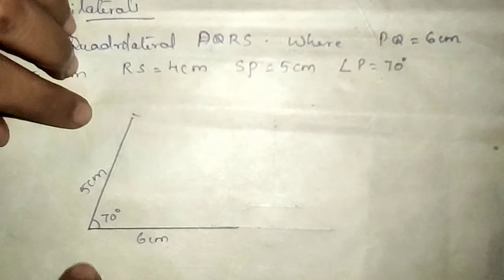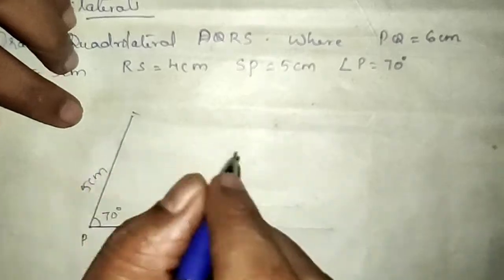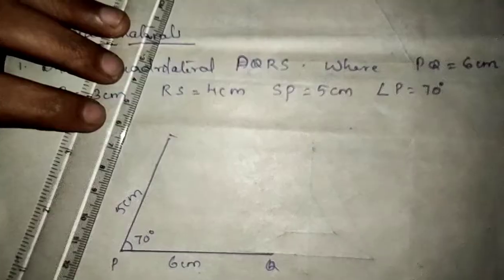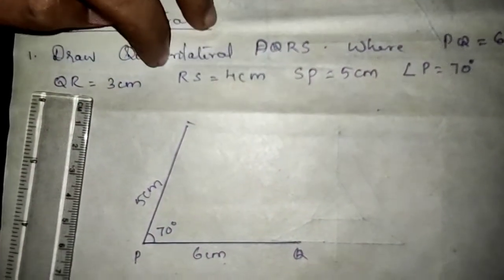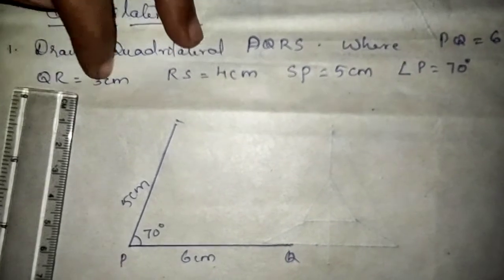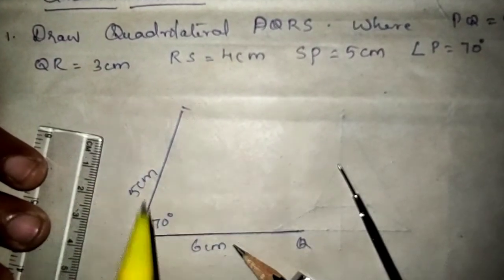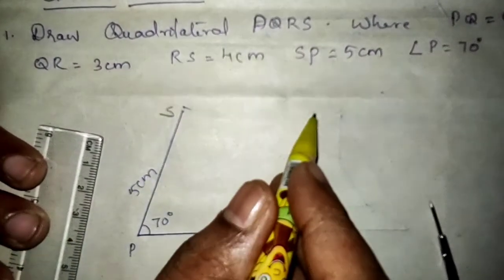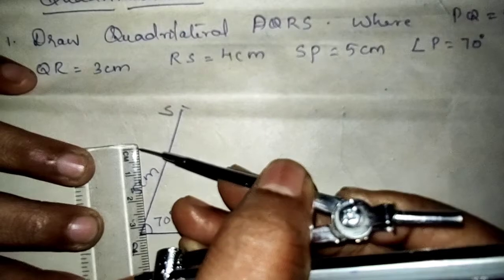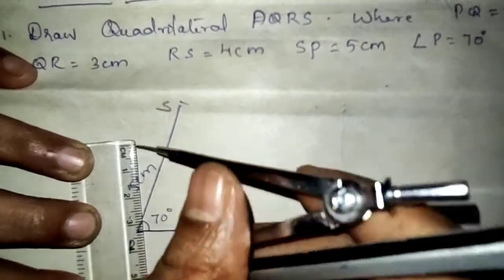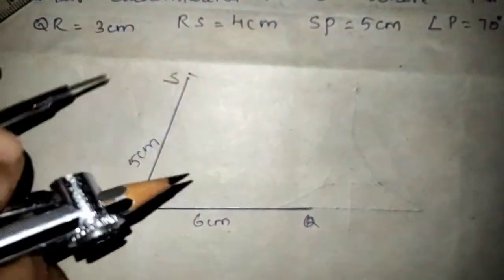Now we need P, Q. Next we are going to draw QR and RS. First RS means this point is S, and we need to get to that R. For that take 4 centimeter on your compass.